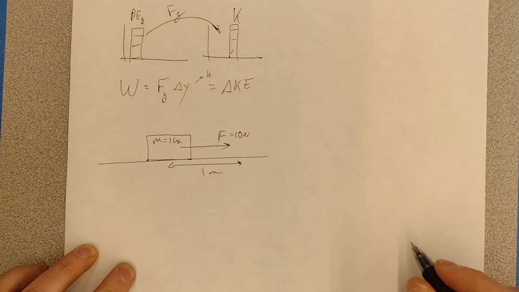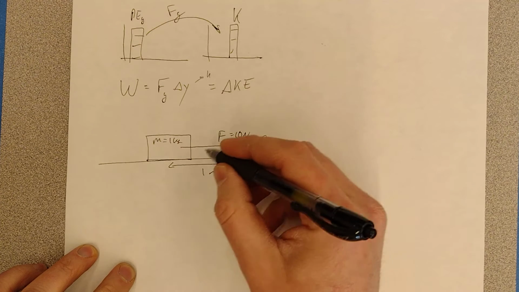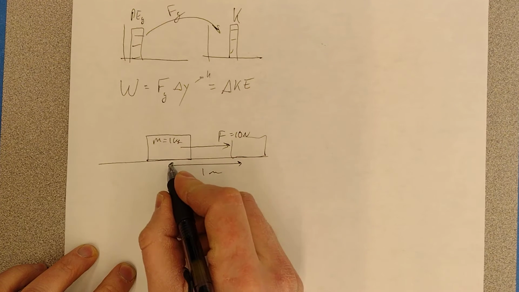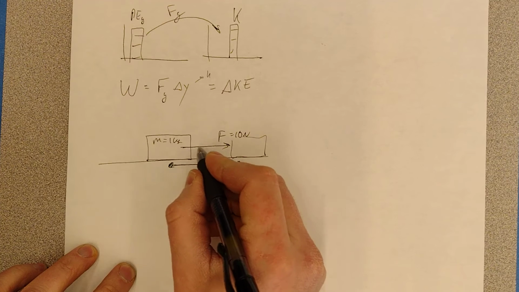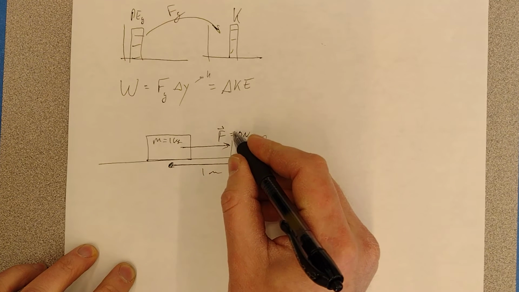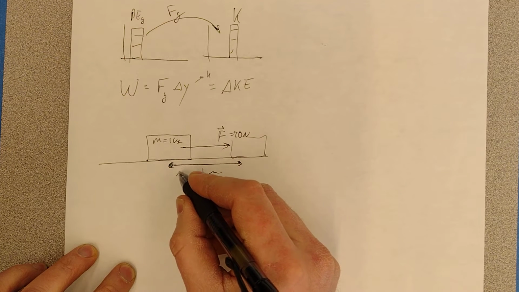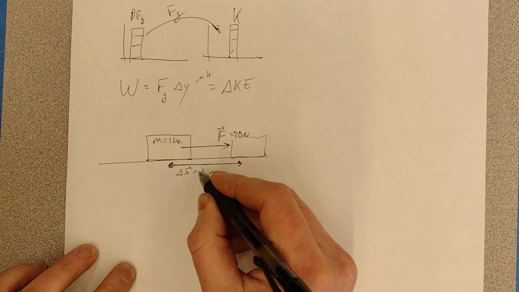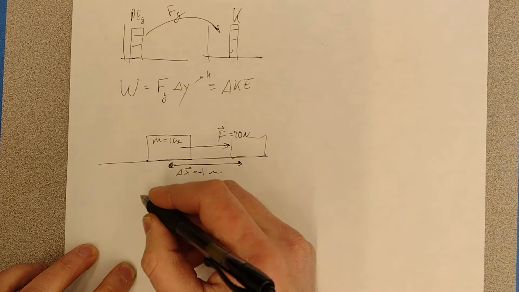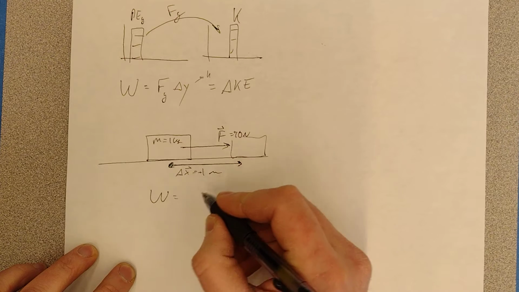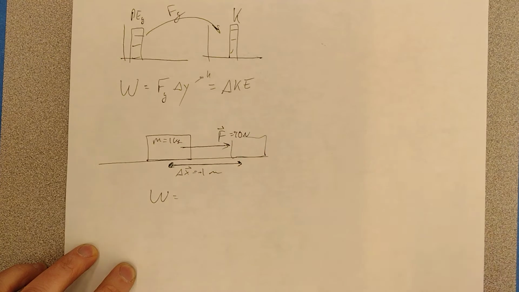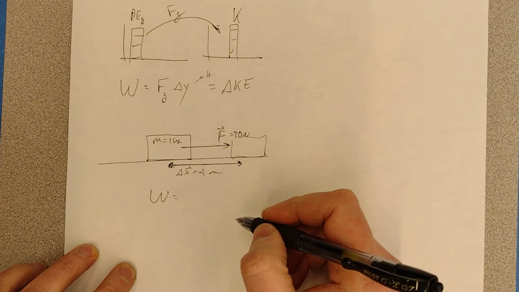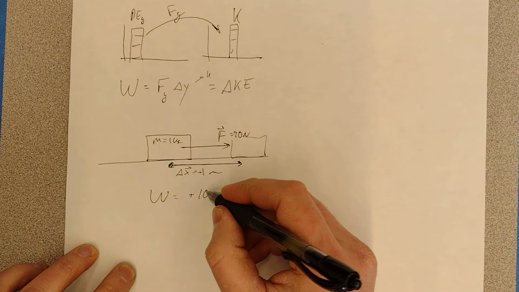Let's say it gets displaced over to here. So the displacement vector is right here. This is the force vector, positive 10. The displacement vector, we'll call it delta x, equals positive 1 meter. The work done, we usually just say it's the force times the distance: 10 newtons times 1 meter, so it's plus 10 joules.